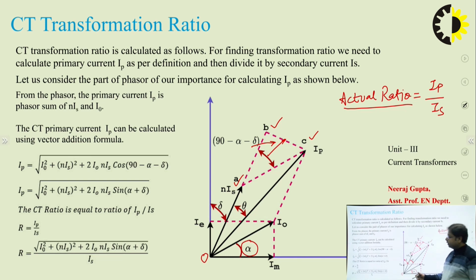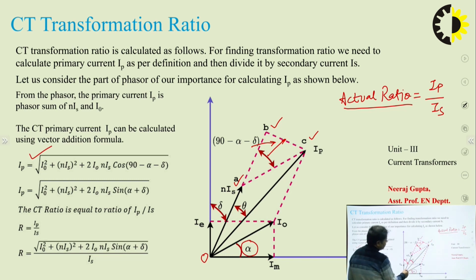So IP can be calculated like this: IP is the square root of I naught square plus NIS square plus 2 I naught NIS cos of 90 minus alpha minus delta. Cos of 90 minus theta becomes sin theta.